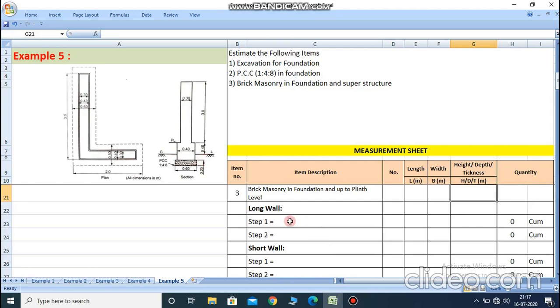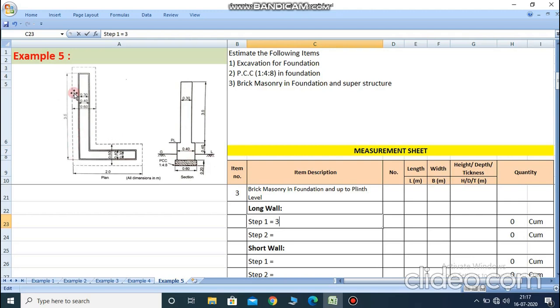Now the length of the long wall. See this in the plan. Total length is 3 meter, already given for step 1. So this part is the step 1 part. For step 1, the length for the long wall is given as 3 meter in the figure.